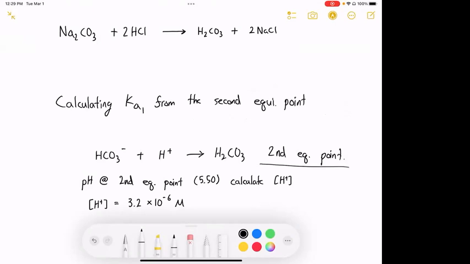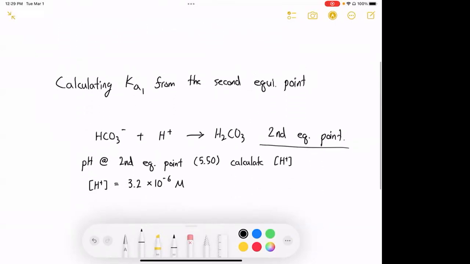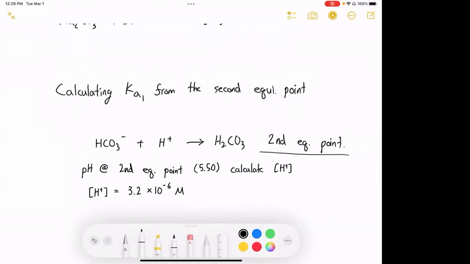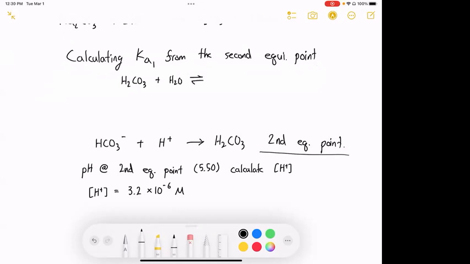Now we're doing this because we know from the first expression. So the first expression for the dissociation of carbonic acid is H2CO3 plus water gives me H3O plus and HCO3 minus.